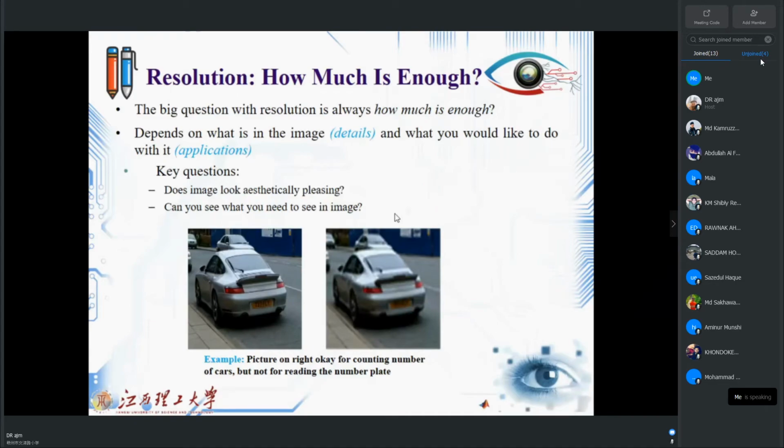Let's see these two car figures. If my resolution is like the right side figure, you will see that the picture on the right side is okay for counting the number of cars, but not for reading the number plate. If I want to read the number plate as my application, then the left side is okay. But if I just want to count how many cars are moving on the road, then the right side is completely okay.